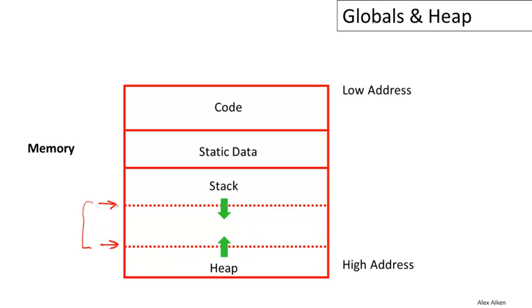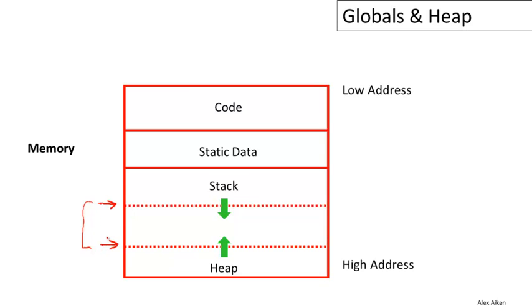If these pointers ever become equal, then the program is in fact out of memory, and at that point the runtime system will abort the program or try to get more memory from the operating system or take some other course of action to deal with the fact that there is no more memory.